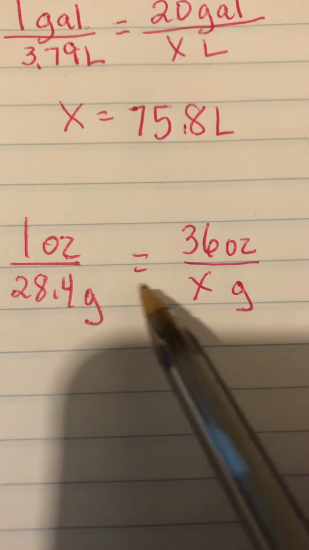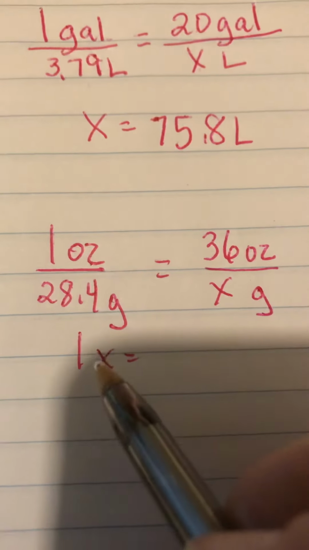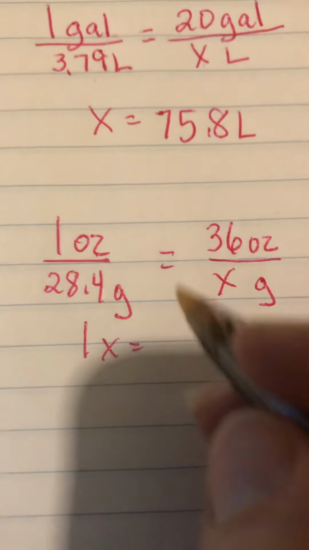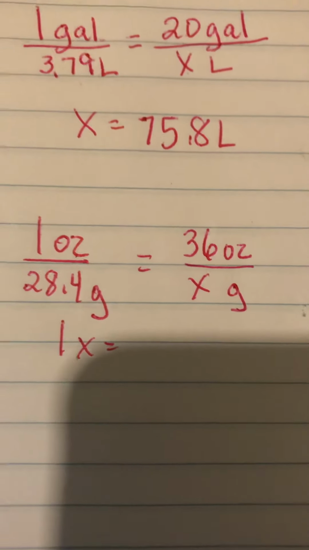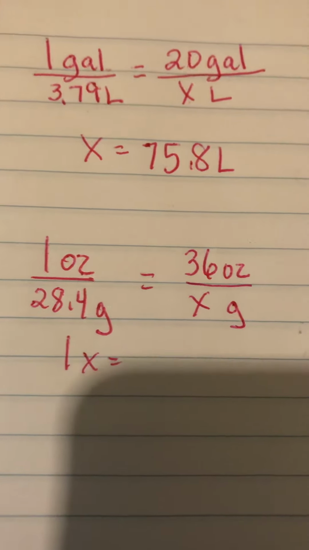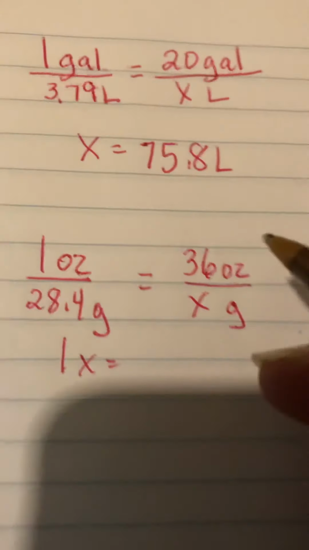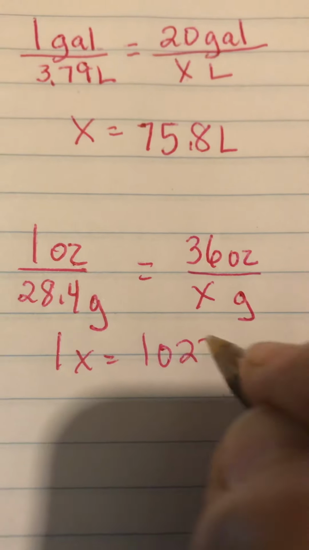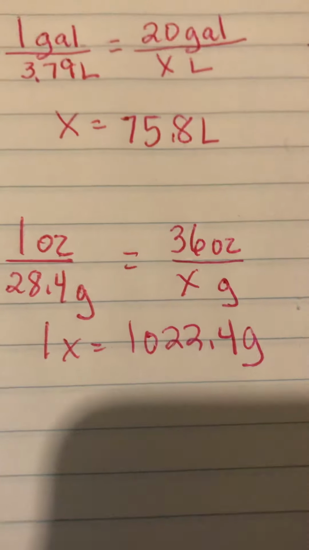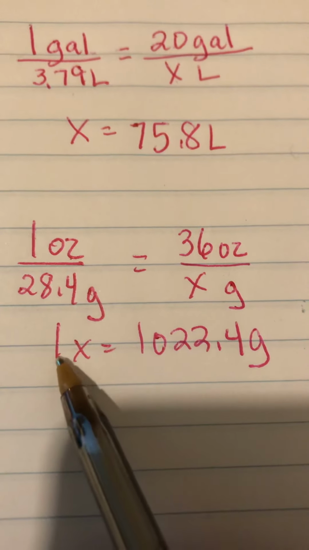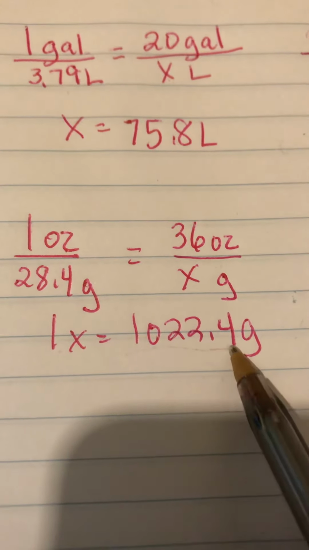Once again we'll cross multiply: 1x, and I can either put the 1 or not, but I don't need to. Then 36 times 28.4 gives me 1,022.4, and that would be that many grams. Again, I don't have to divide because I have a 1 in front of the x.